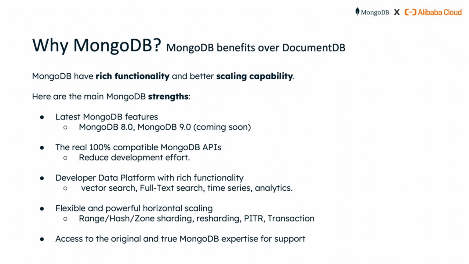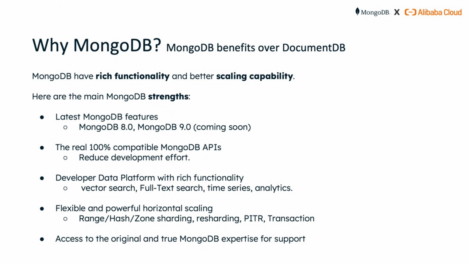Last year, we released MongoDB 8.0 and maybe 9.0 will be coming soon. By choosing MongoDB, you are choosing to stay with the cutting edge, and you can get immediate access to the latest and greatest tools to solve modern problems.